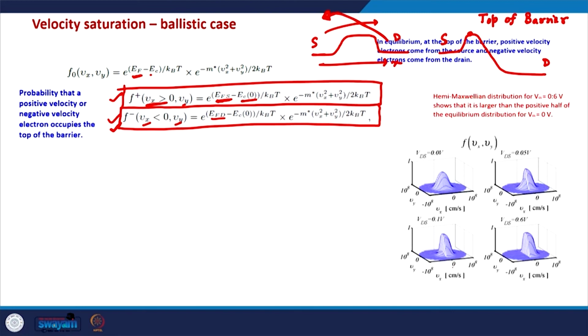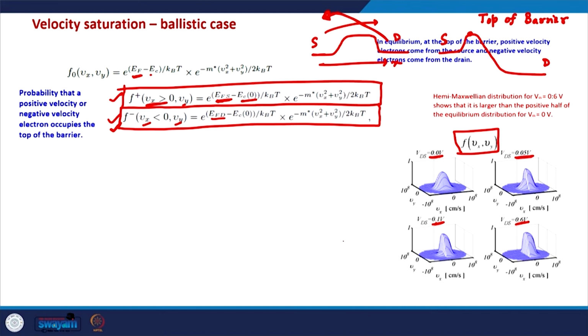So this is the plot of the Maxwellian distribution of velocity for various drain voltages. This is the plot for VDS equal to 0 volts. This is for a very small VDS, 0.05 volts. This is a slightly larger VDS, 0.1 volts, and this is a very high VDS, 0.6 volts. And this is the key to understand the velocity saturation in the ballistic MOSFET.